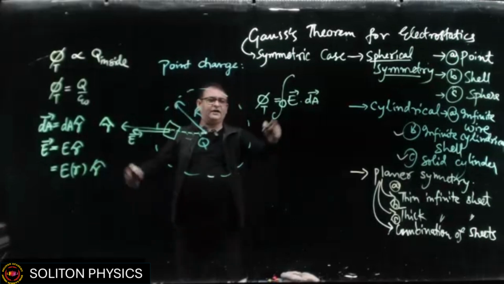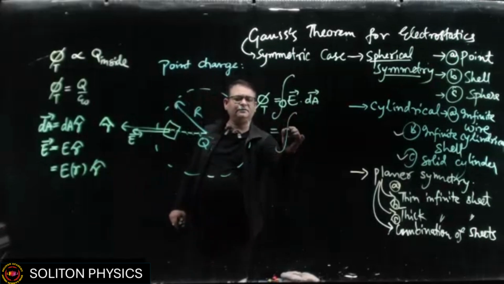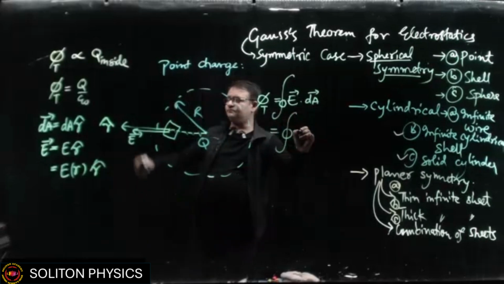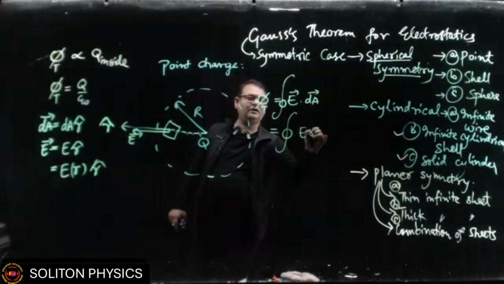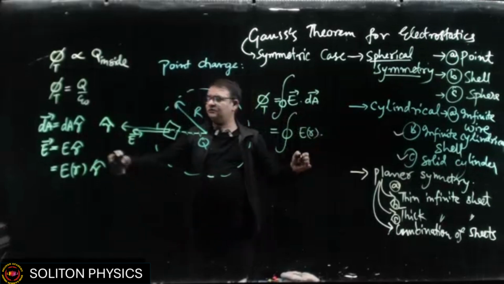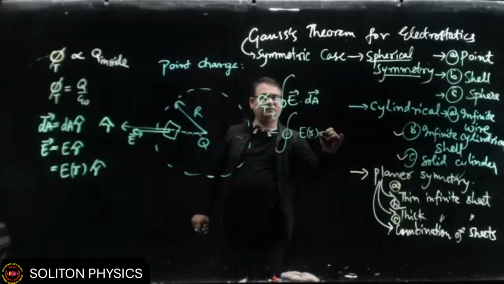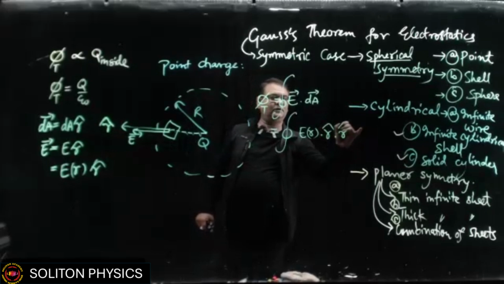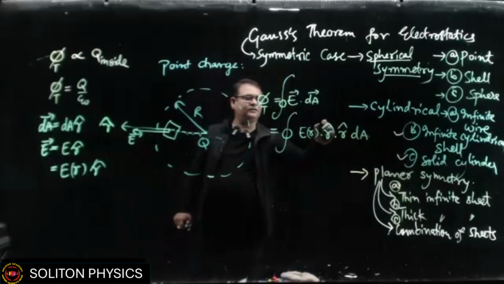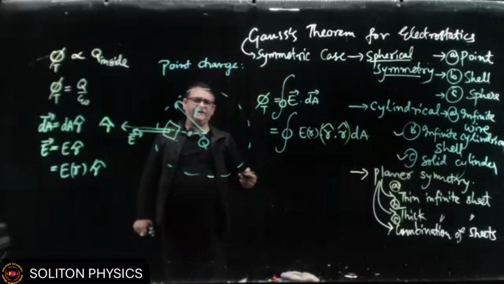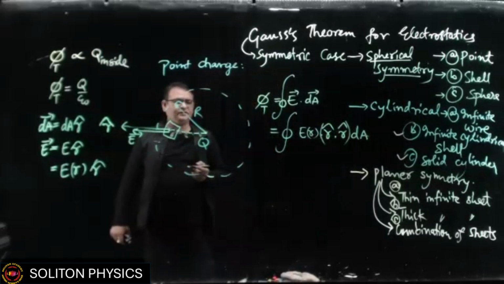Right. Now if I carry out this dot product here, closed integral of E(r) r-hat dot r-hat dA. This r-hat dot r-hat will give me 1, as we learned in vectors.